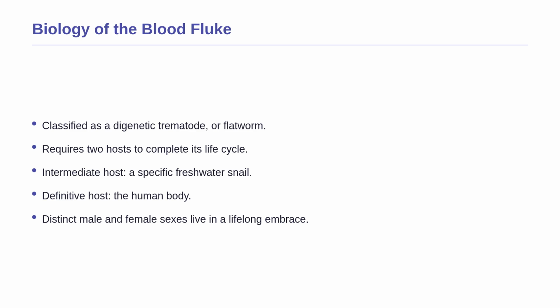Having seen how it enters the body, let us explore the biology of this unique creature. In scientific terms, Schistosoma haematobium is a digenetic trematode, which is a type of flatworm. The word digenetic is crucial here. It means the parasite requires exactly two different hosts to survive.